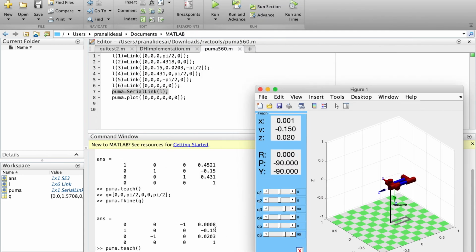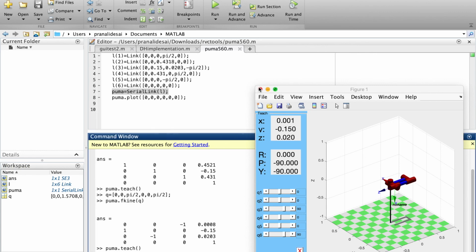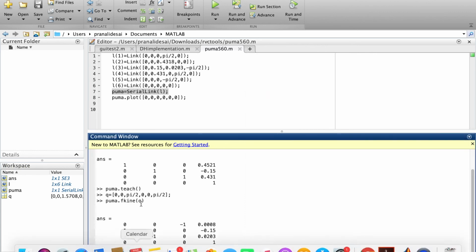Perfect. We're getting 0.008, that is 0.001, that's almost similar, and minus 0.15 and 0.020. Here the values are much rounded, that is why we are getting 0.001, but this is all about it. I think you have a clear picture now.